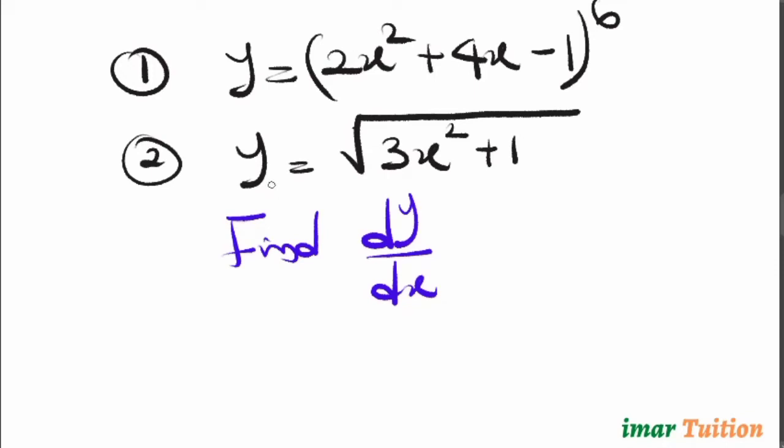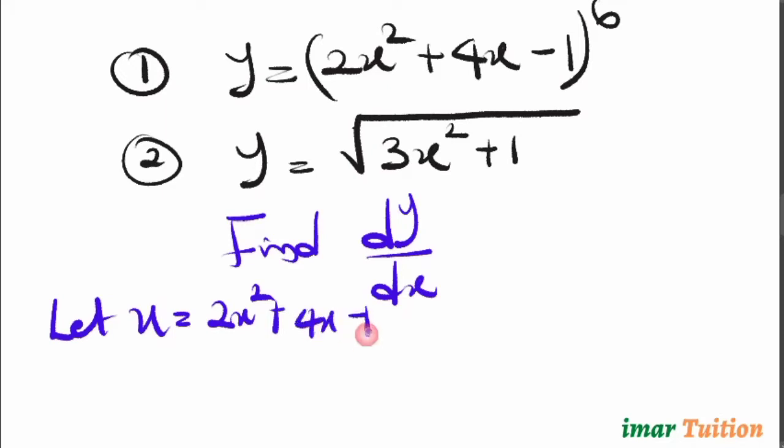With the chain rule, you chain x to u, then chain u to y. Here, we will say let u be equal to 2x² + 4x − 1.